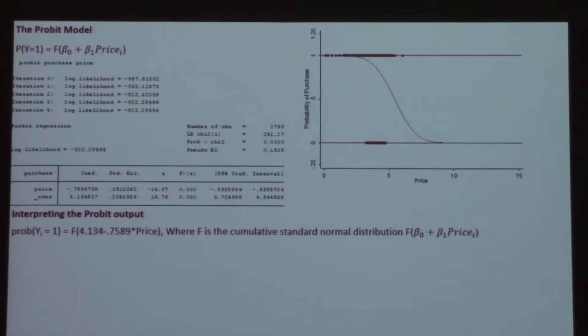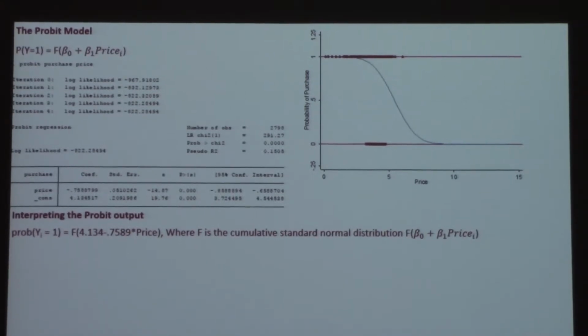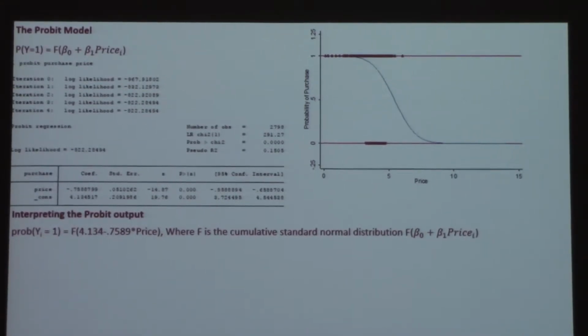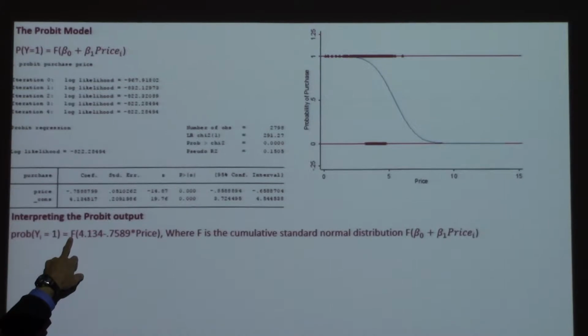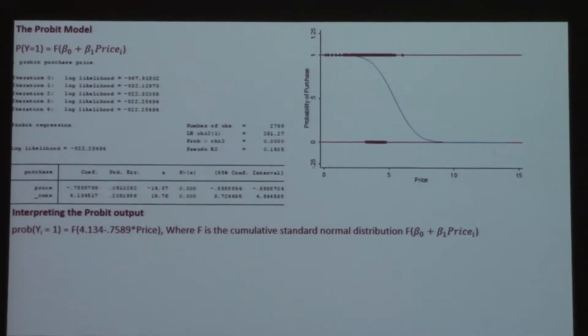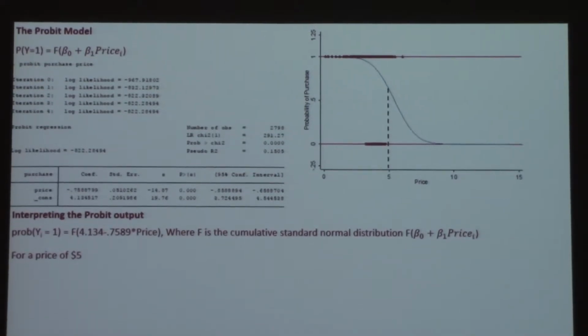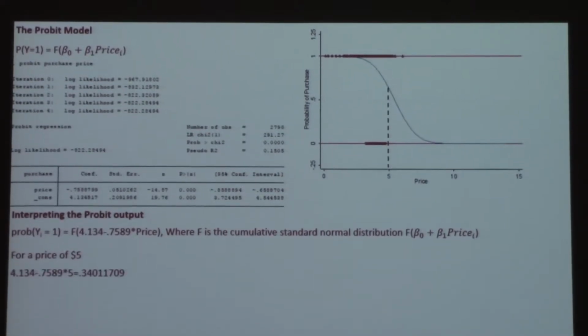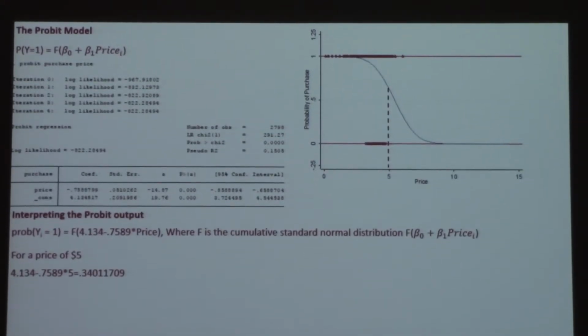So essentially, if we were to plug in some price into some transformation, where the functional form of our transformation is the cumulative standard normal distribution, essentially what we get is, let's try it. Let's say we evaluate this at $5.